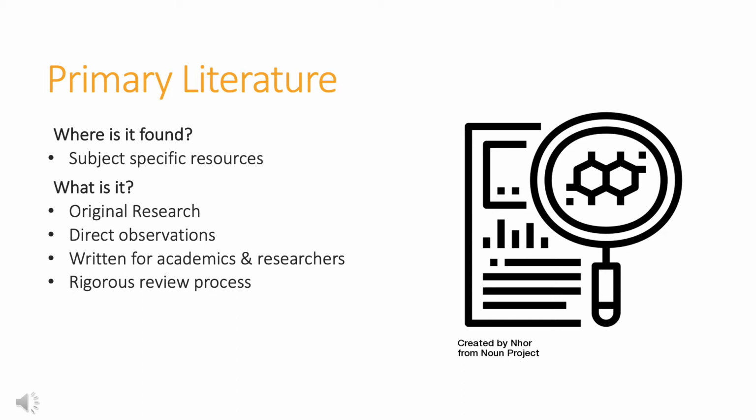Primary literature presents results of original research in formats such as articles, pre-publication prints or articles, technical reports, lab notebooks, and conference proceedings. It is a direct observation in which the author is who conducted the research. Much of this primary literature is found in scholarly and academic journals.